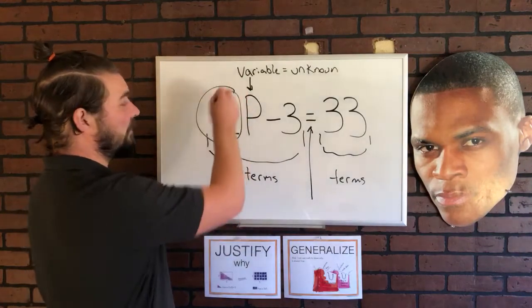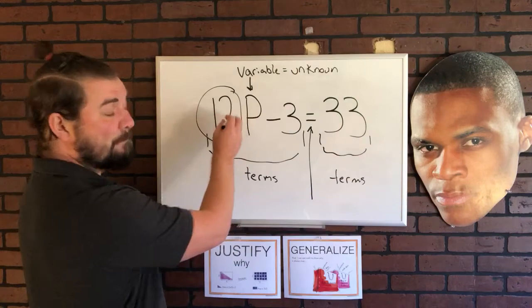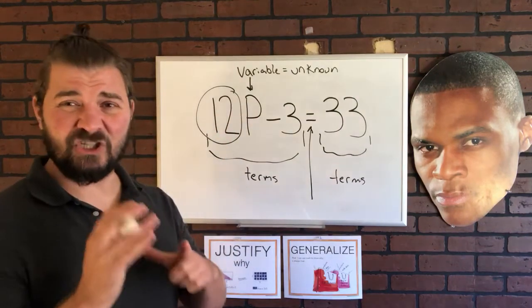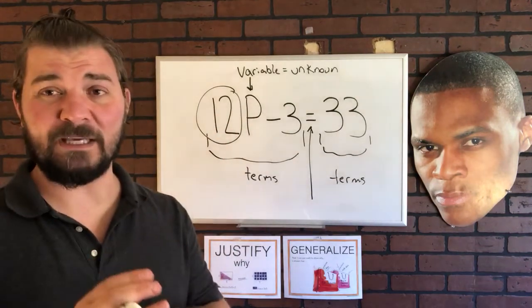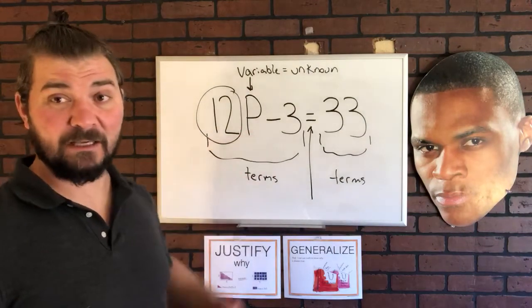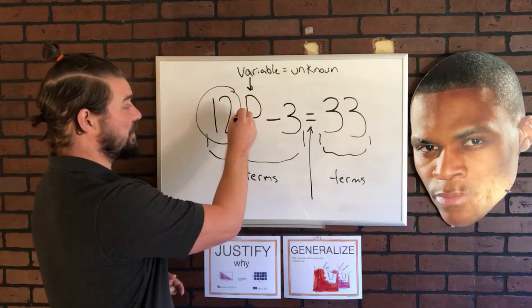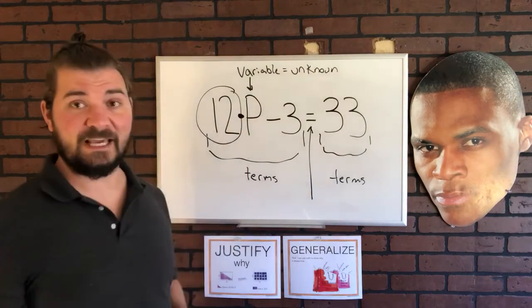And there's one other thing I want to point out here. This 12 is pretty important. First of all, there's no math operation being shown in between the 12 and the p. But it means I have 12 of this p. And when you see the word "of" in math, it should usually help you think that this is multiplication.